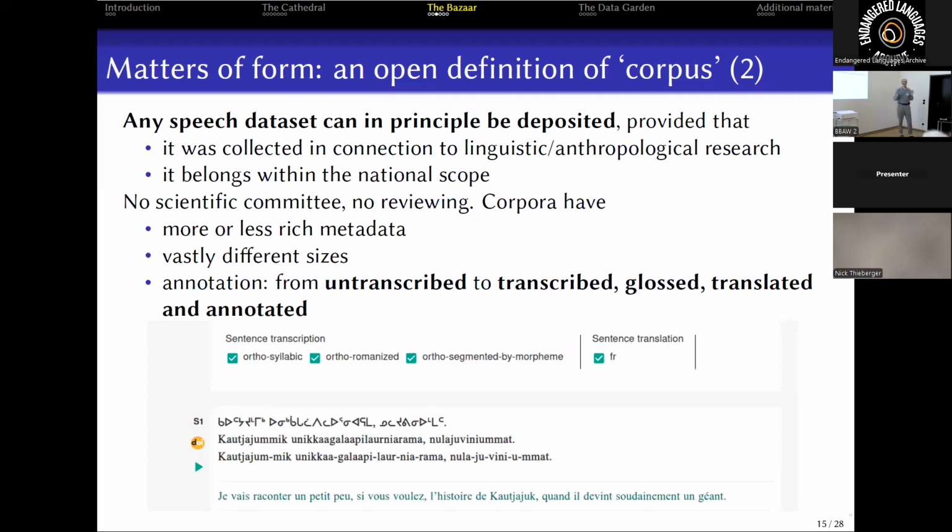We can welcome data that are untranscribed, even if it's just audio, just video. We don't require that people put in certain amounts of things. So here we have some Inuktitut at the bottom, and it's got something innovative, in that it has orthographies, syllabic and romanized, segmented by morpheme, because that's appropriate for the language. So that's what we're given and what we offer for download.